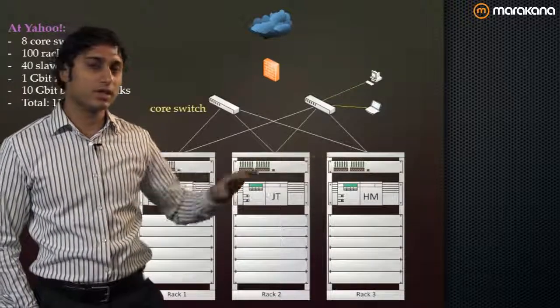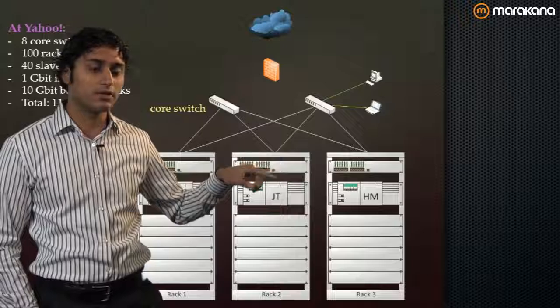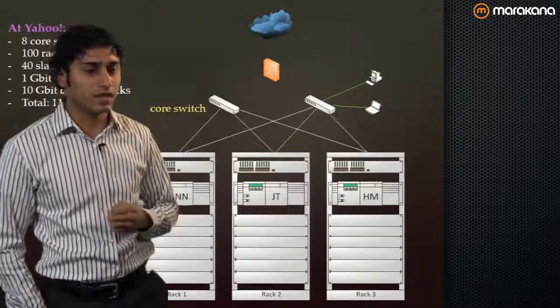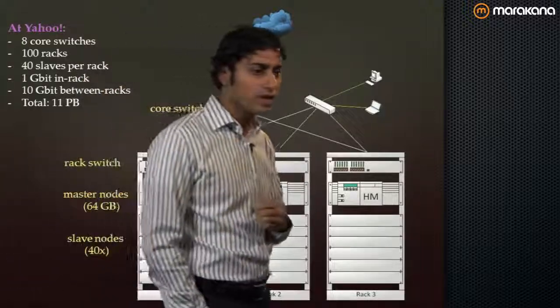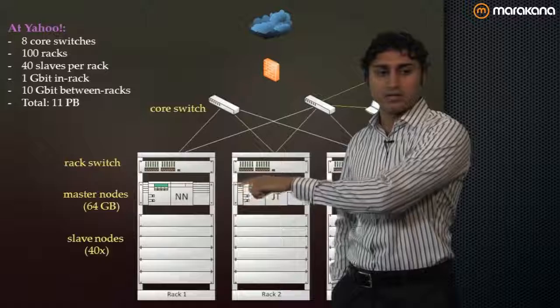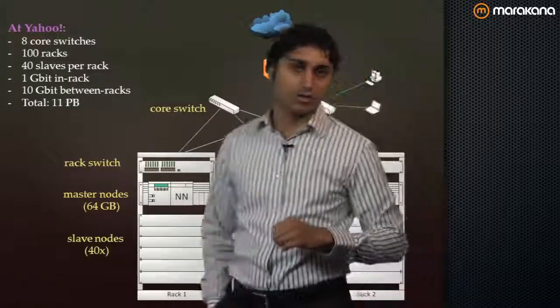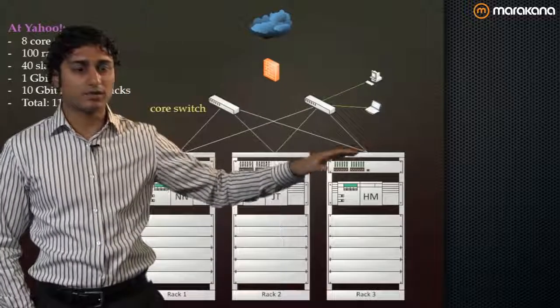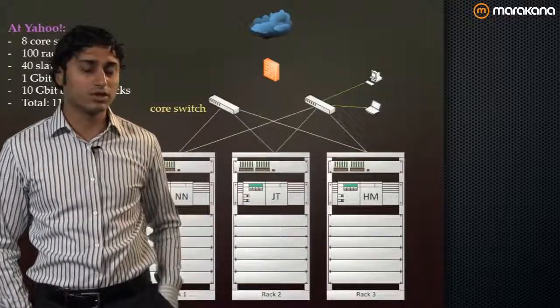This should be a dedicated network, though, at the top of the rack switch layer and at the core switch, dedicated for HDFS and MapReduce. You'll see that some of these racks also have master nodes like the name node, the job tracker, or the HBase master. But if you have 100 racks, a lot of the racks will have no master machines on them.